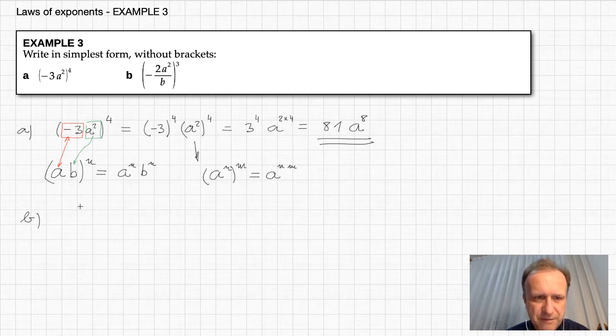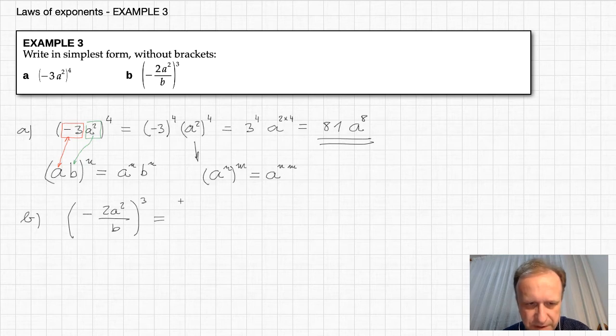In part B we have a fraction. We have a fraction minus 2a squared over b all raised to the power of 3. Okay, so we may imagine that this minus here is part of the numerator, so I will use a square bracket here: minus 2a squared over b all raised to the power of 3.